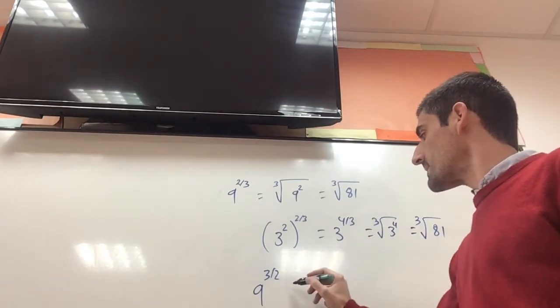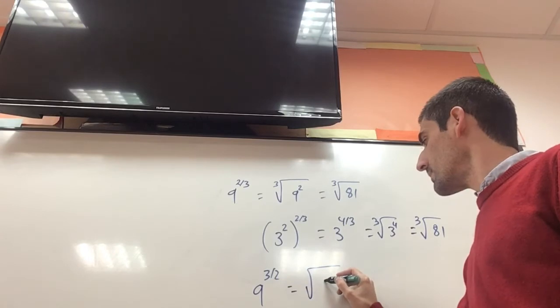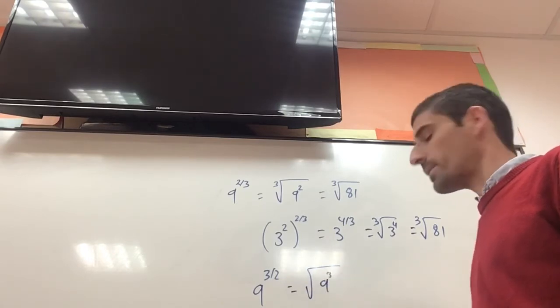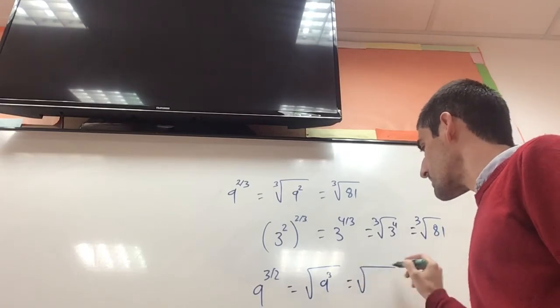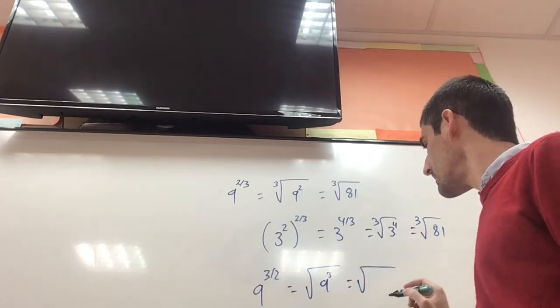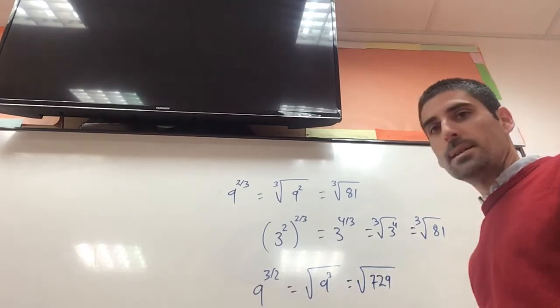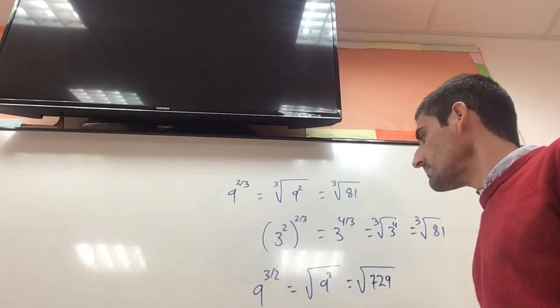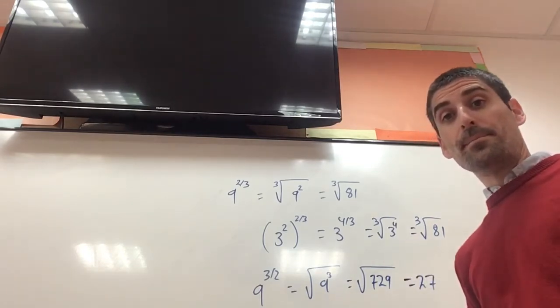So this is the square root of 9 to the power 3, which is the square root of 729, which is 27. There you have it.